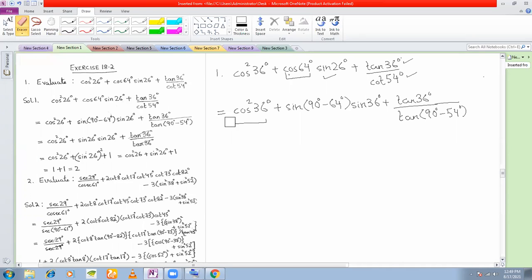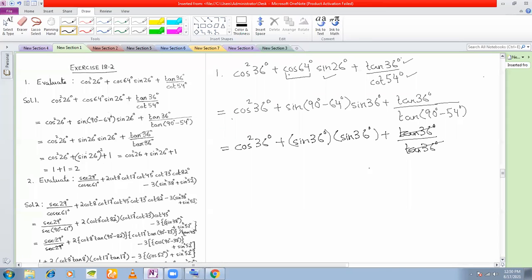Okay. Now see what happens. This cos square 36 we wrote as it is, and there is a reason why I wrote as it is. Because this sine 90 minus 64 will become sine 36, and this is sine 36 as it is, plus tan 36 divided by, and here in the denominator I get tan 36 degree.